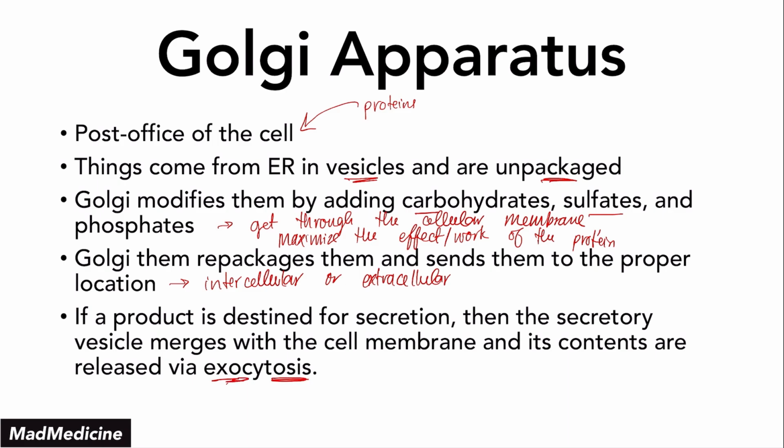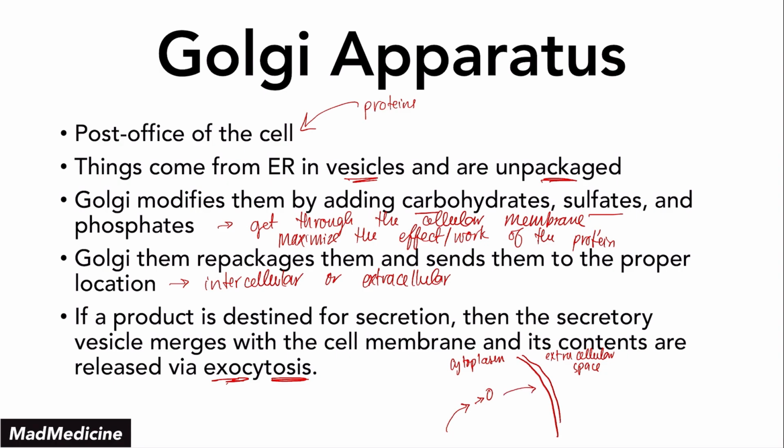In exocytosis, think of it this way. Let's say this is your cell wall right here. This is the cytoplasm on the left side. And on the right side, you have the extracellular space. The Golgi apparatus will send whatever product we need in a vesicle.